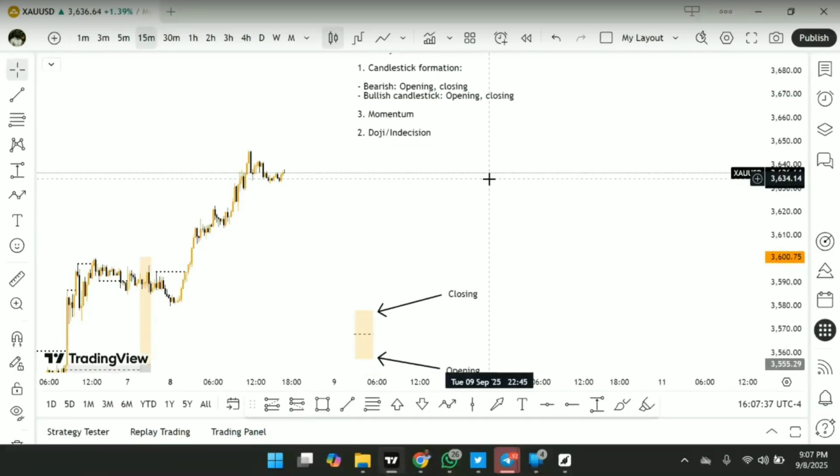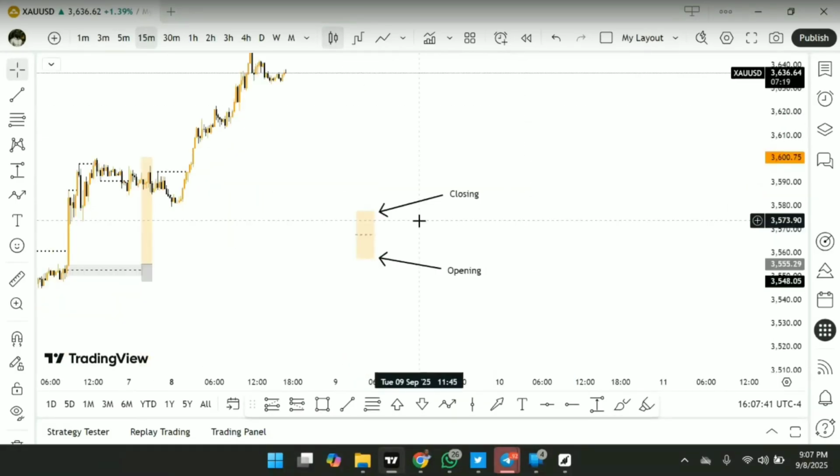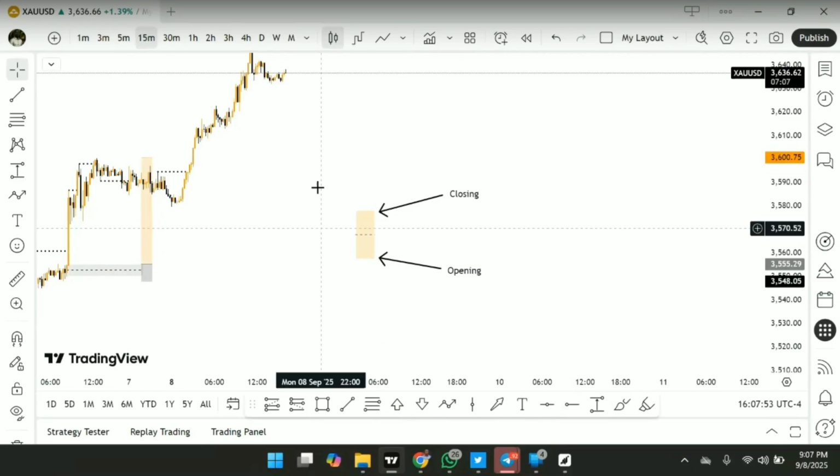I'll just go straight to the formation of the candlesticks. Now I said we have bullish and bearish candlesticks. Basically, there are two types of candlesticks: bullish and bearish candlesticks. Now I said this is a bullish candlestick.